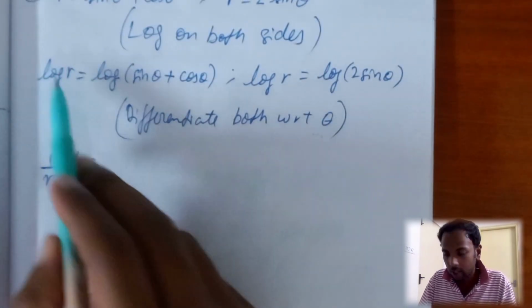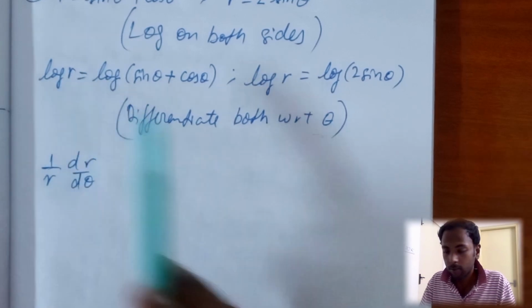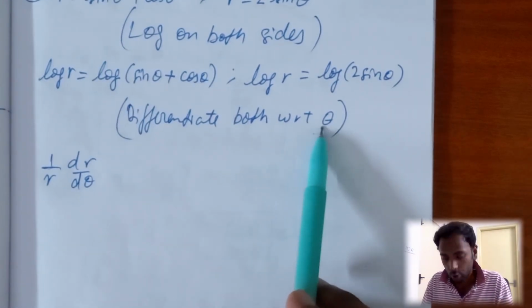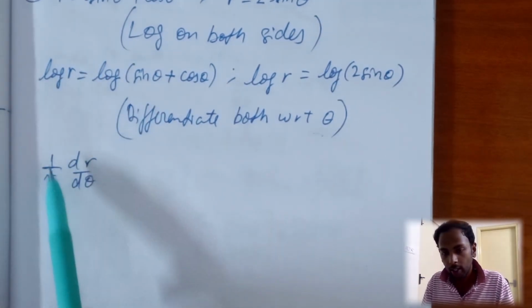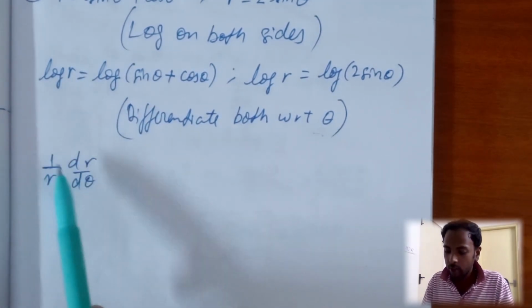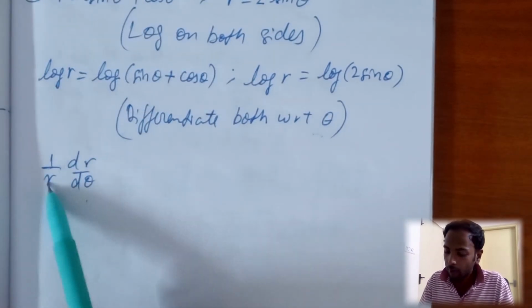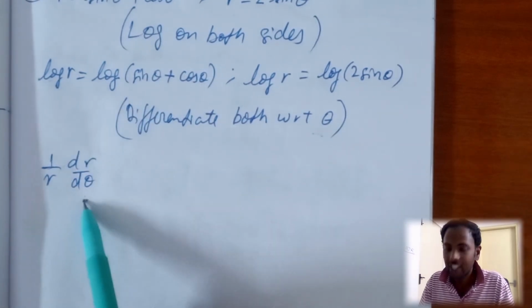The shortcut to solve such kind of question is, see, there is no theta over here. There is only log r, but the requirement is you have to differentiate it with respect to theta. In that case, what you should do is first differentiate this normally with respect to r itself, which is nothing but 1 by r. After doing this, just multiply it with dr by d theta. If it was log w, it would be 1 by w into dw by d theta. If it was log s, it would be 1 by s into ds by d theta, like that.